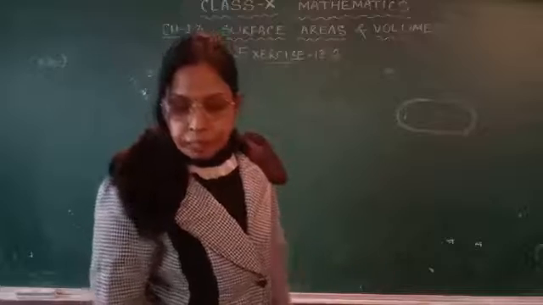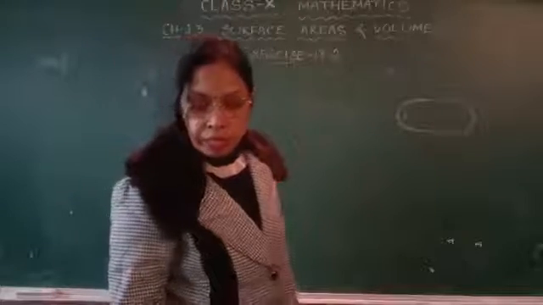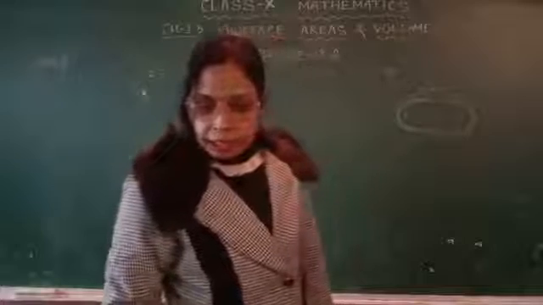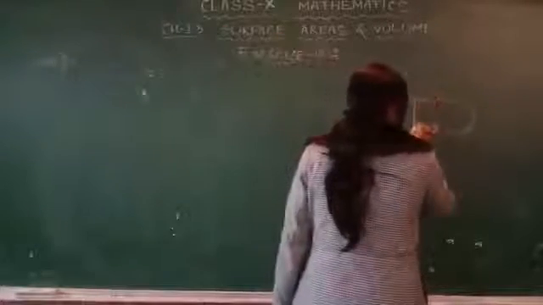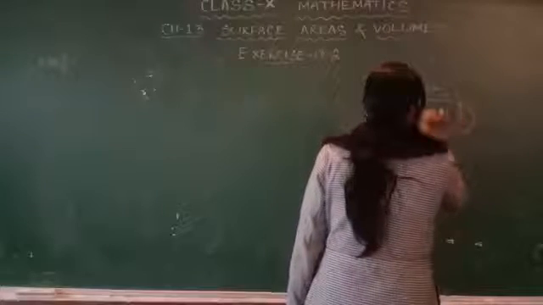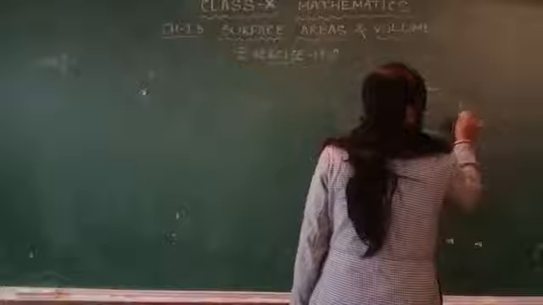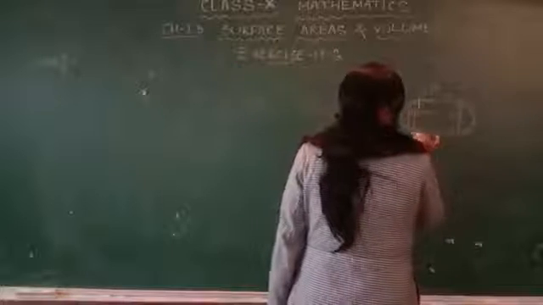The length of the gulab jamun is 5 cm, total length is equal to 5 cm. And the diameter is equal to 2.8 cm. So the radius is equal to how much?